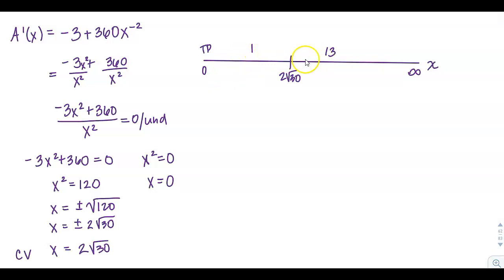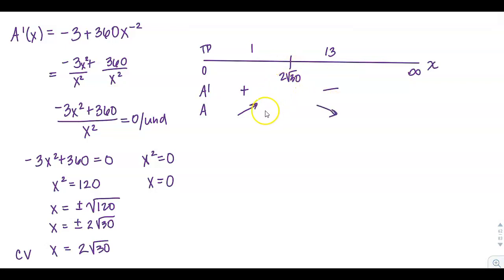So if we substitute these test points into A prime, that will tell us about A. If I substitute in 1 into my derivative function here, I'm going to get a positive number. The bottom is always positive. If I plug in 1 into x squared here, overall the numerator will be positive. So A is increasing on that first interval. If I substitute in 13 into this x, I'm going to end up with a value that's negative and bigger than 360 in magnitude, so I'm going to end up with a negative, so I am decreasing.